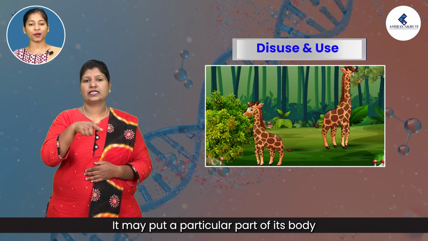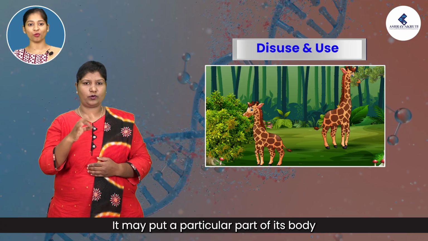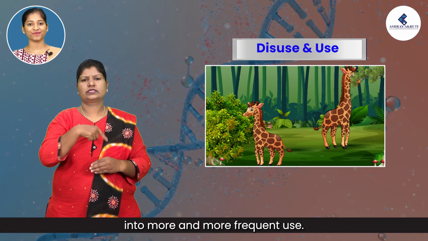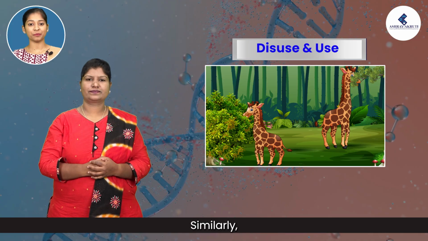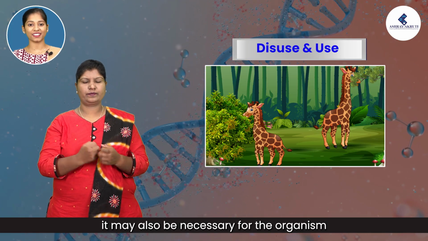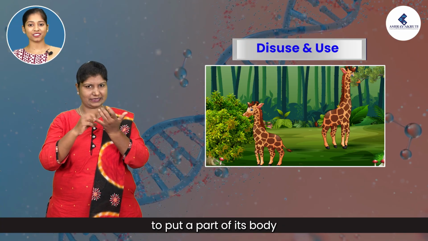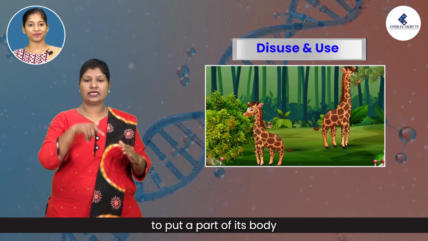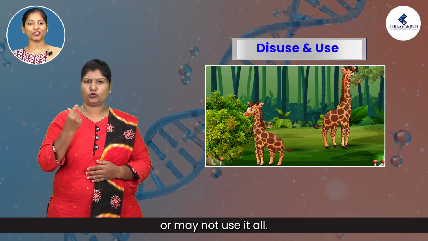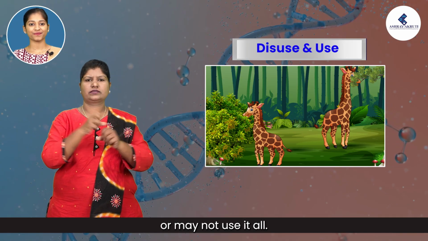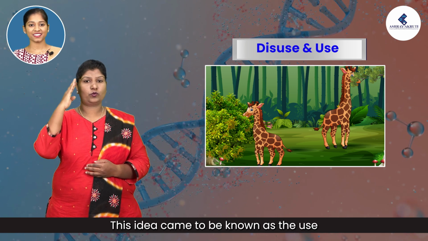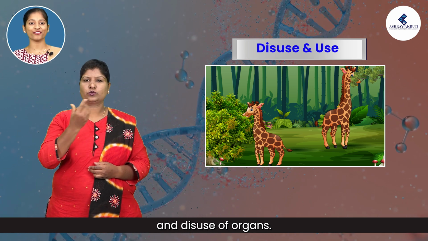It may put a particular part of its body into more and more frequent use. Similarly, it may also be necessary for the organism to put a part of its body into less use or may not use it at all. This idea came to be known as the use and disuse of organs.